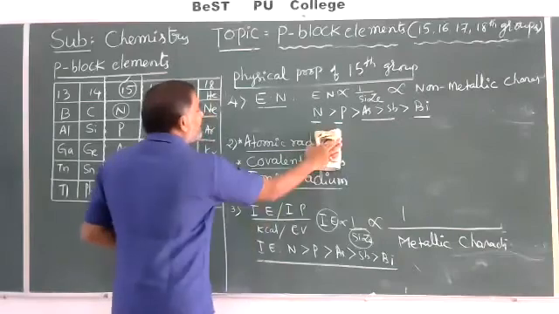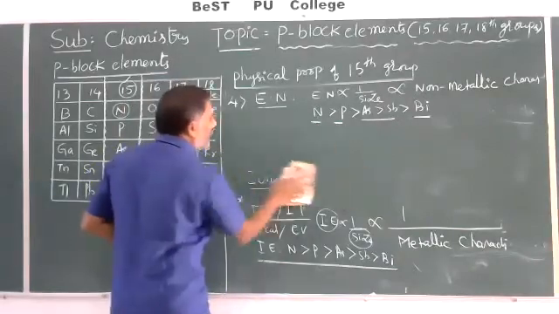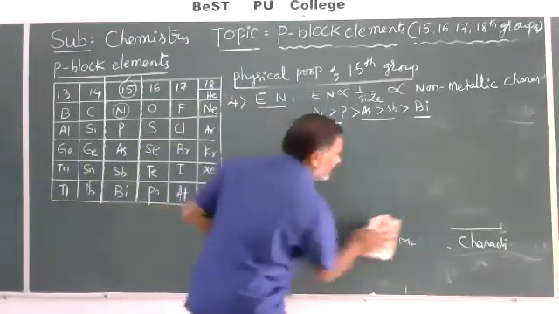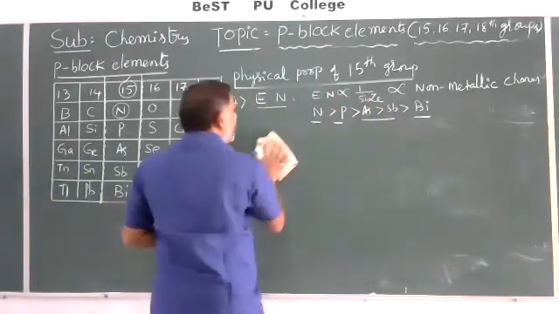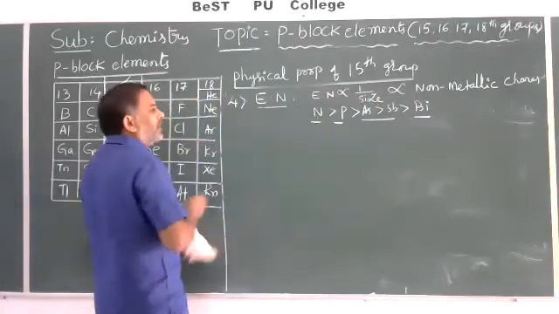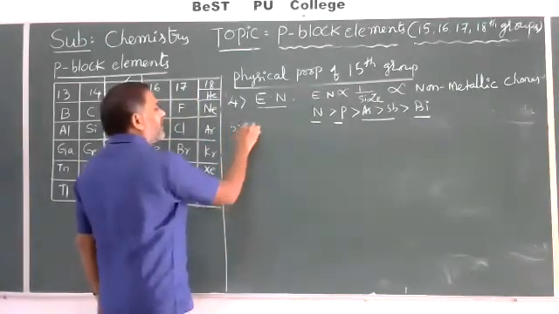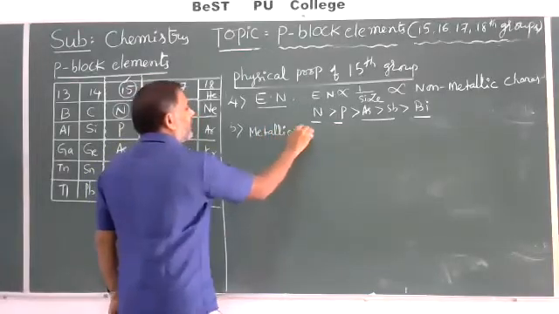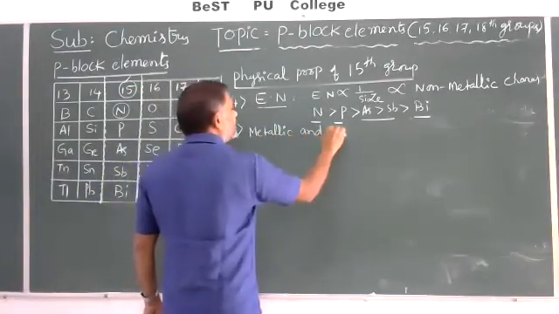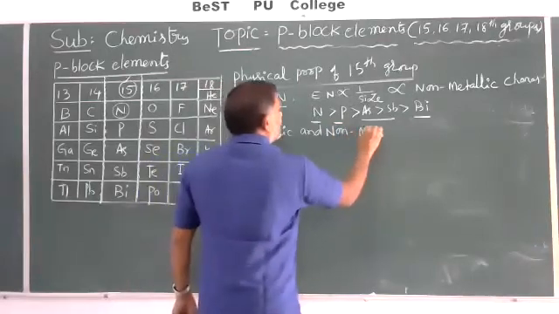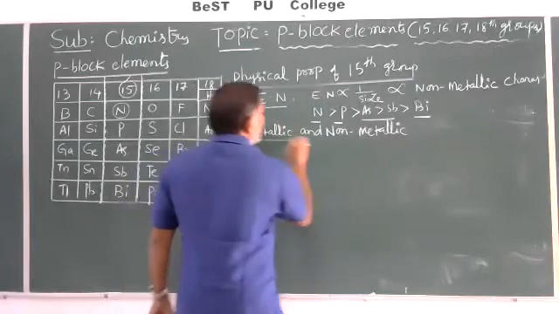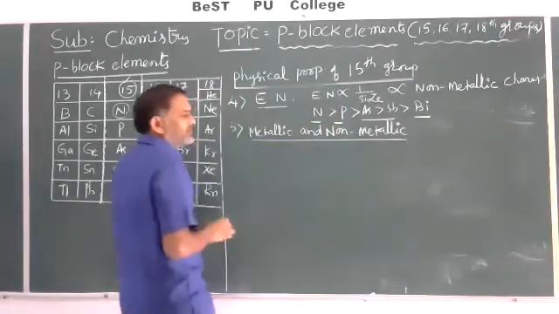Based on this explanation, now the metallic and non-metallic characters of 15th group elements.